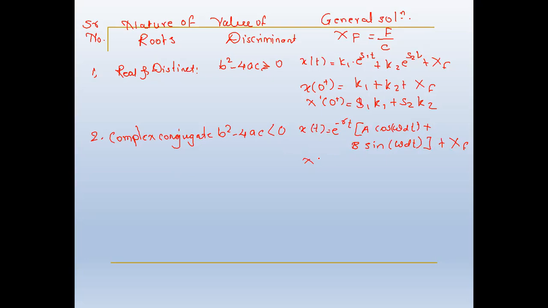Therefore, x of 0 plus is equal to a plus xf, and x dash of 0 plus is equal to minus sigma a plus omega d b.